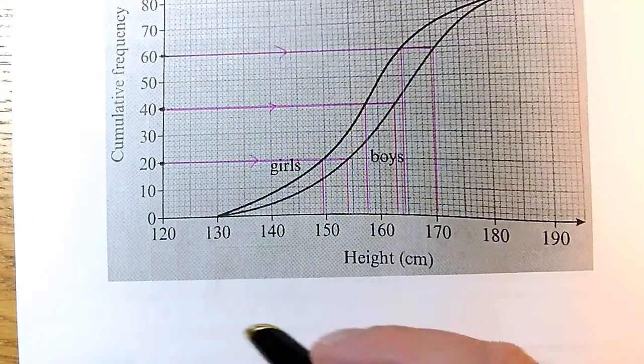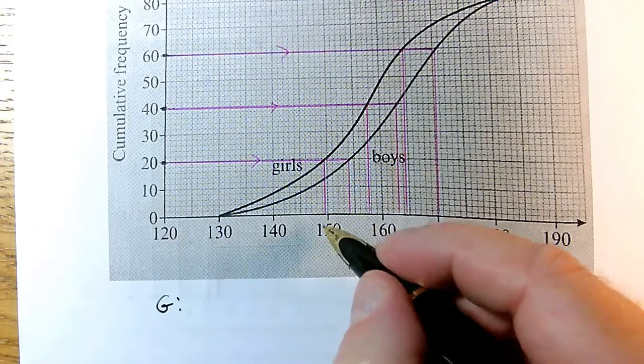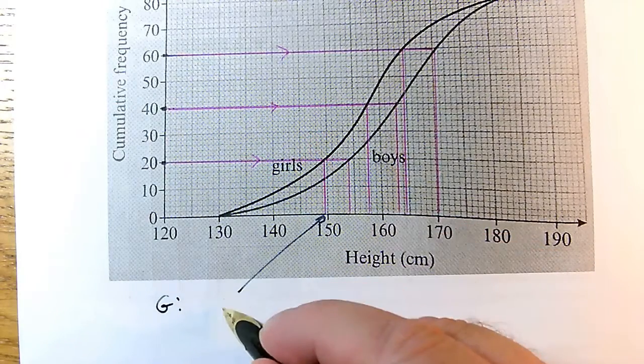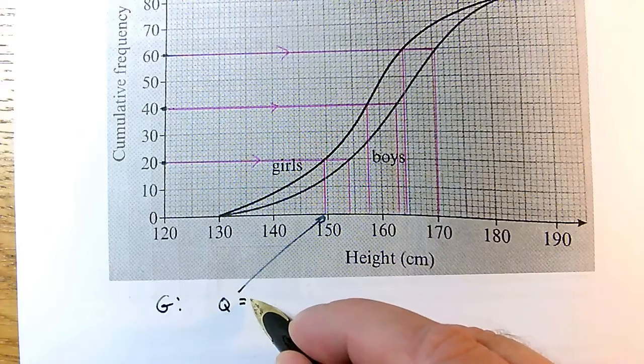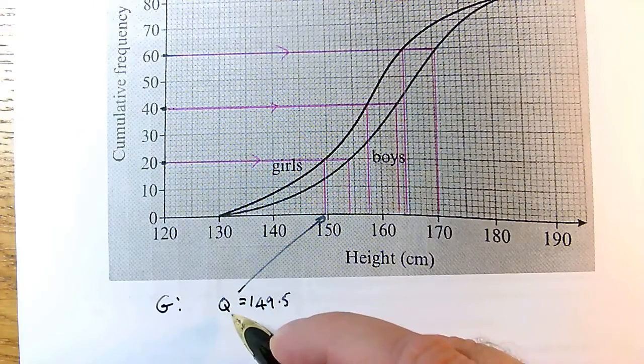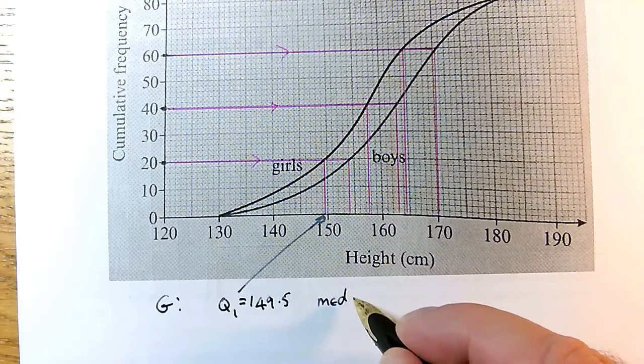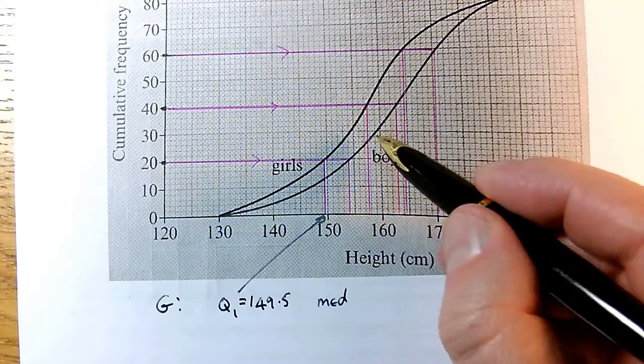Okay, so for my girls, my lower quartile is here. So Q1 equals 149.5. Okay, your values may be very slightly different because using the ruler is an estimation process, I suppose.